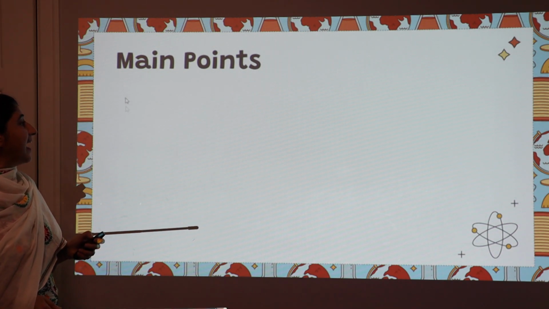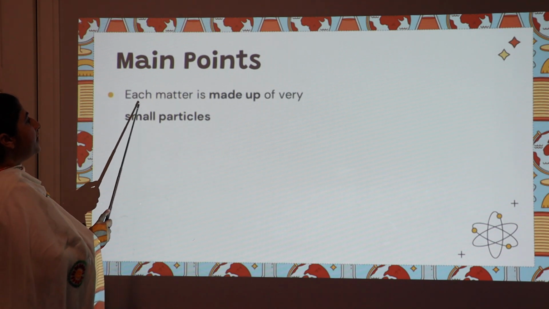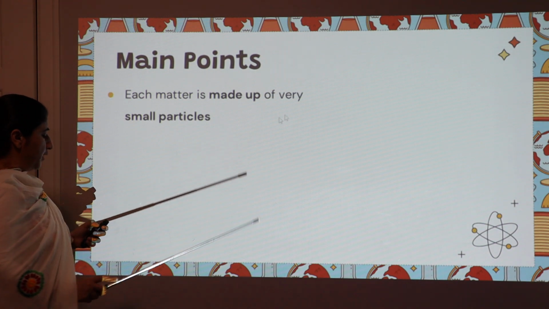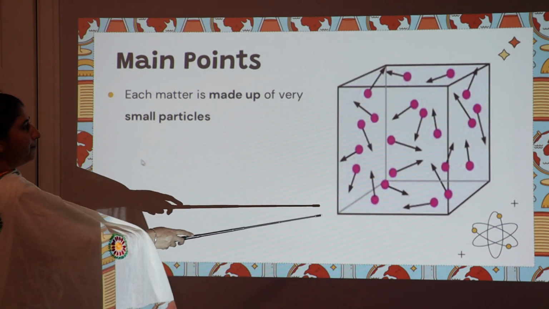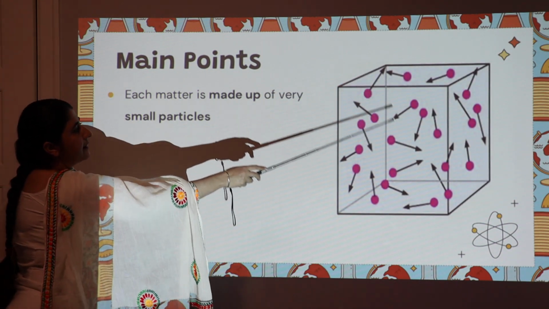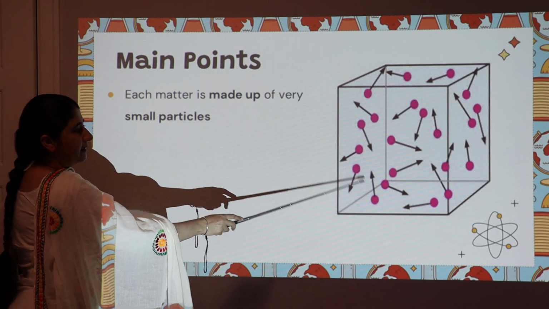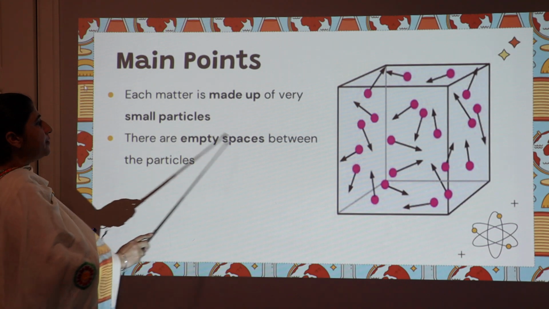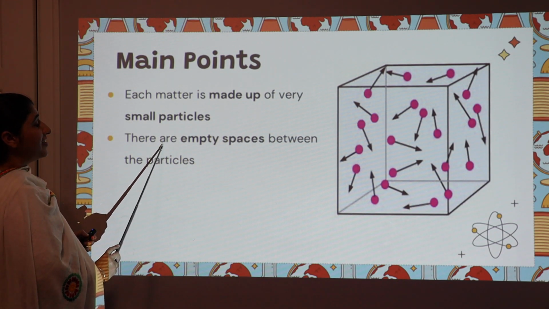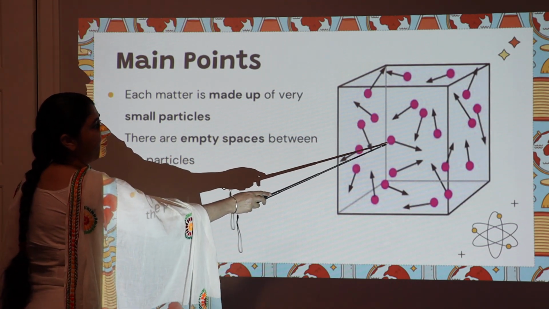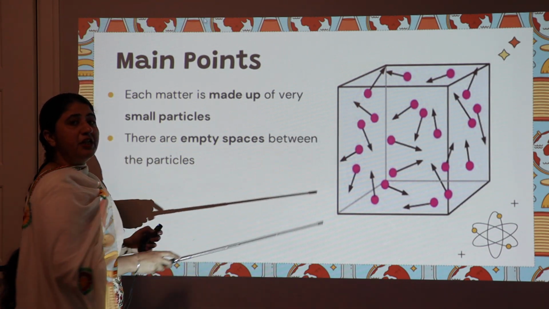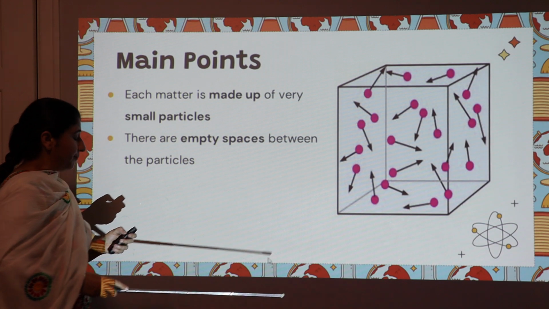Number one, matter is made up of very small particles. Between these particles there are large empty spaces, which means these particles are separated from each other by large distances.